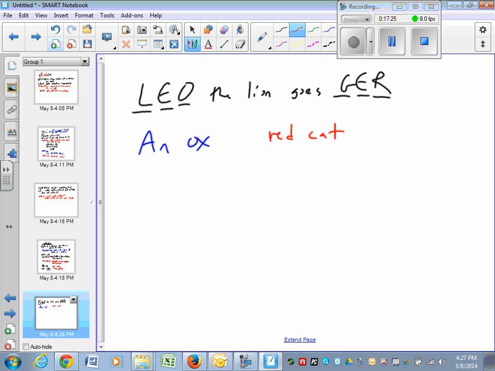Oxidation at the anode, reduction at the cathode.